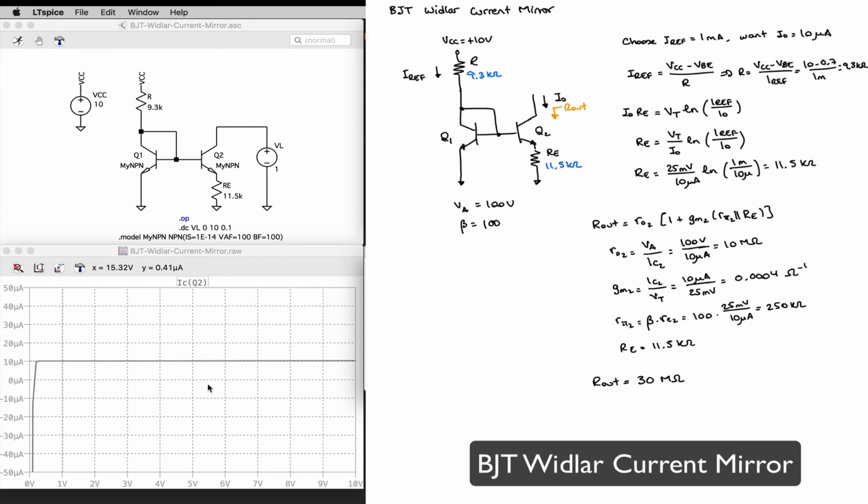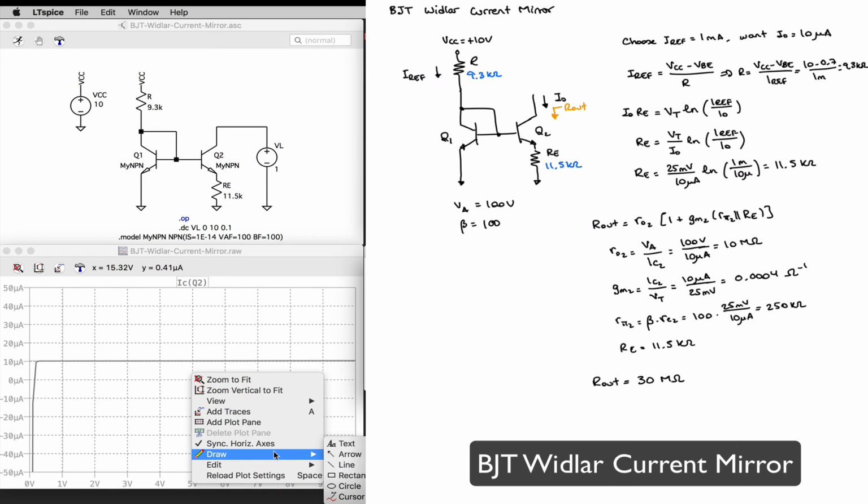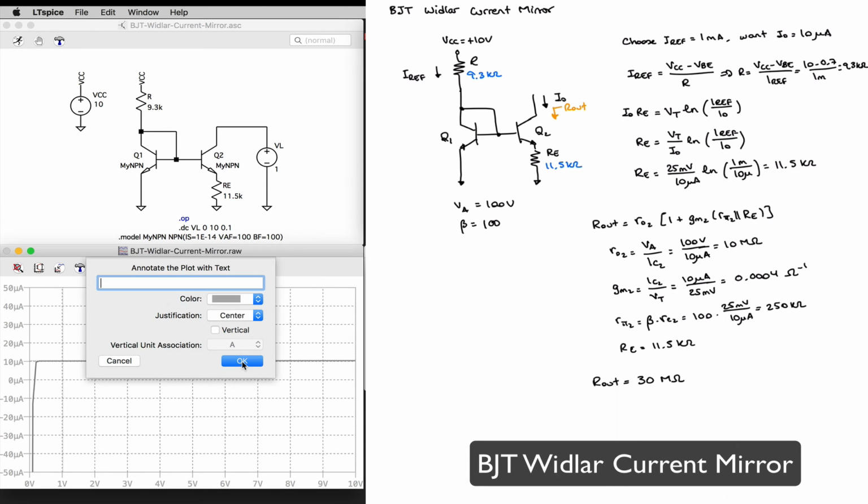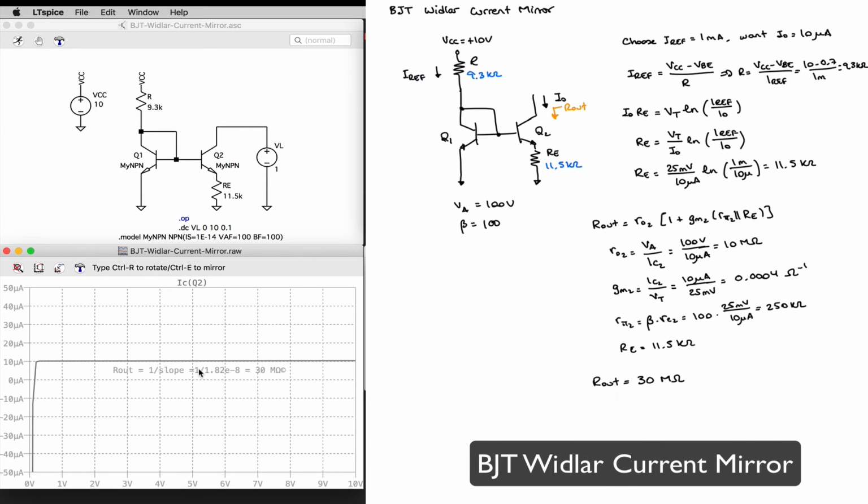So that sounds about right. Let's go ahead and write it out here. My R out, again, will be 1 over the slope, or 1 over that number, 1.82 e to the minus 8, which is around 30 mega ohms. So more or less in the order of magnitude of what we expected.